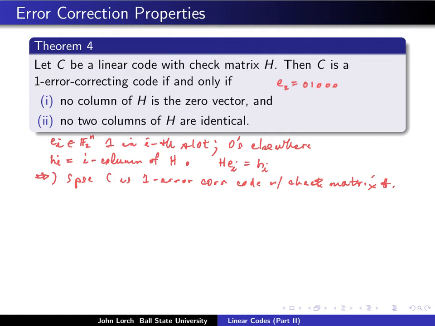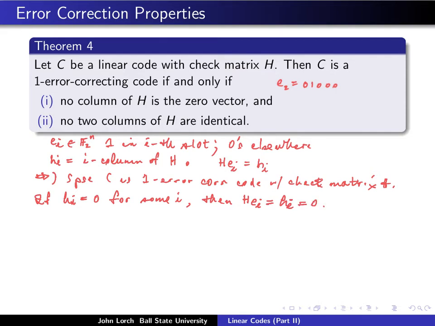Let's now suppose for a contradiction that there is a column of H that's the zero vector. Okay, so if H sub I is the zero vector for some I, then when I take H times E sub I, I'm going to get little h sub I, but that's the zero vector.